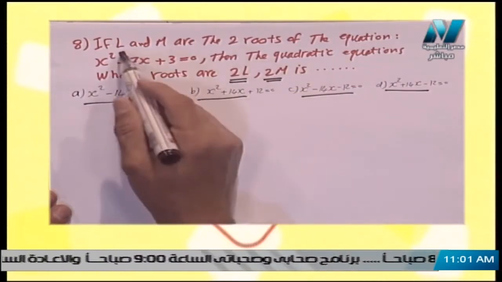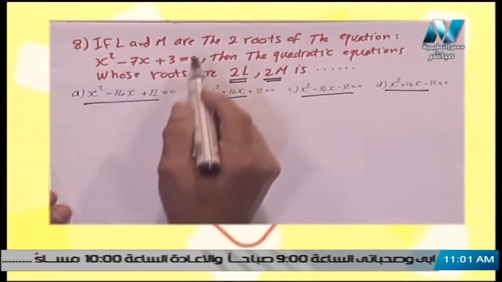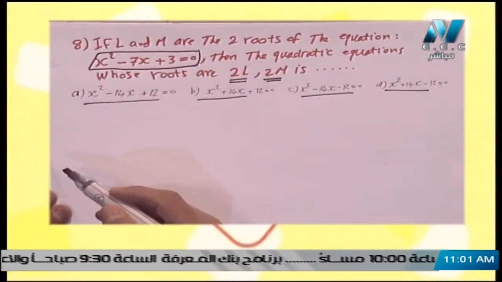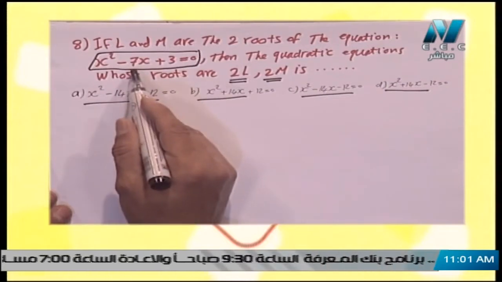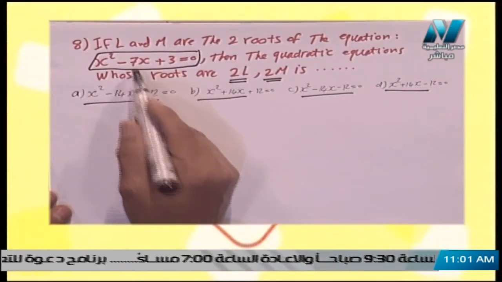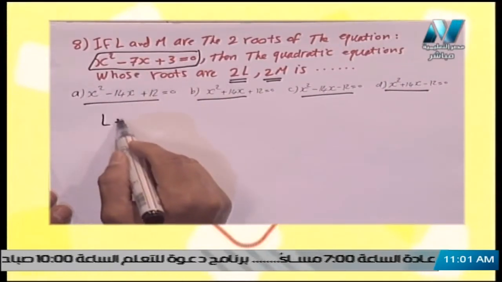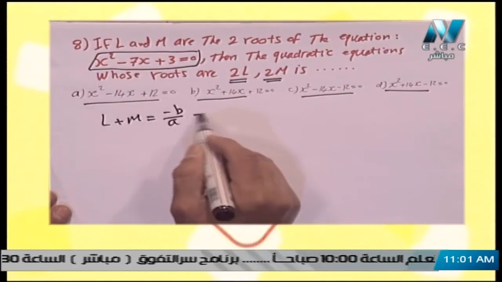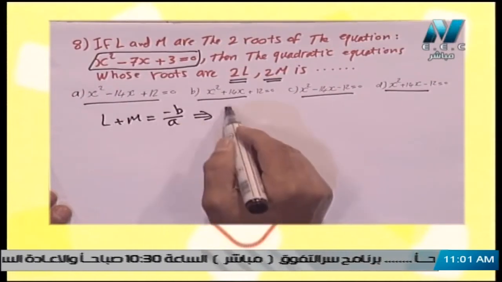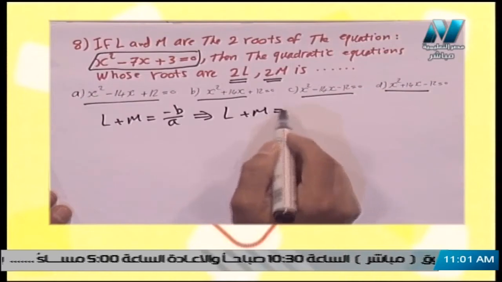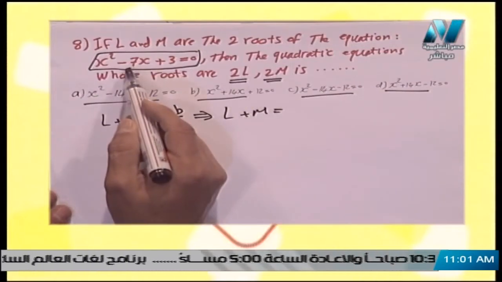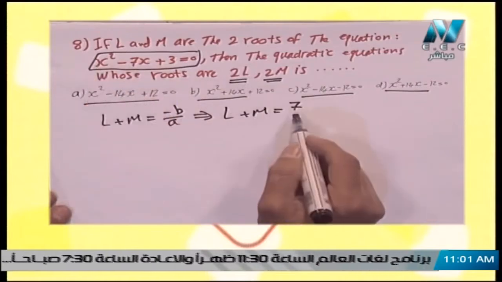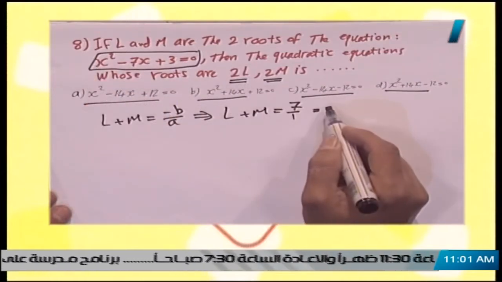We have here L and M are the two roots of this equation. We have to find out the sum of the roots. We have L plus M equals negative B over A, as we know. L plus M equals negative B, meaning positive 7, over A, which is 1. So L plus M equals 7.